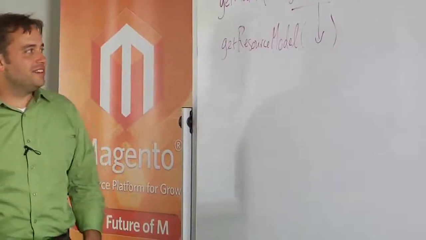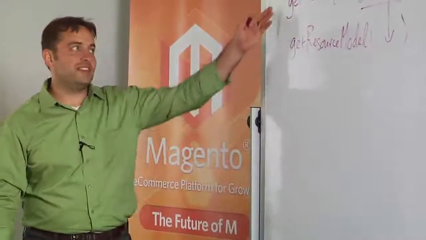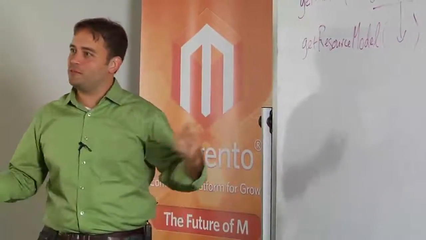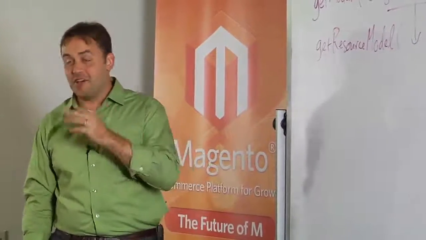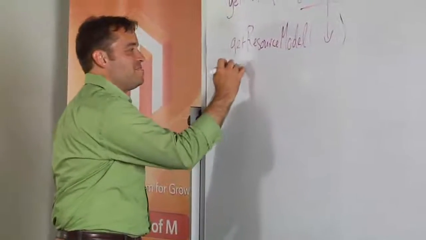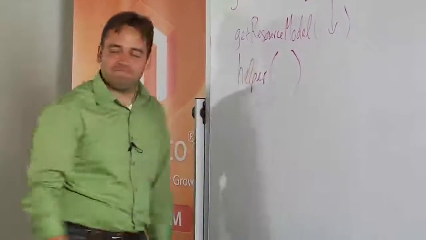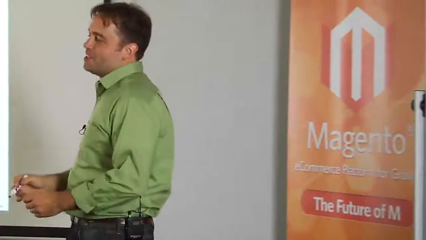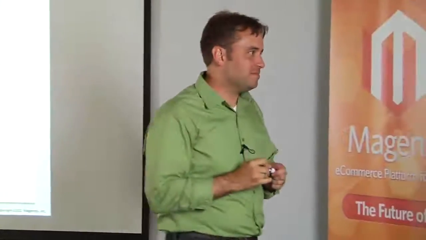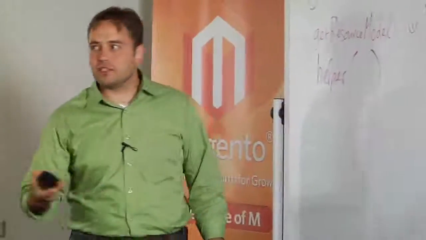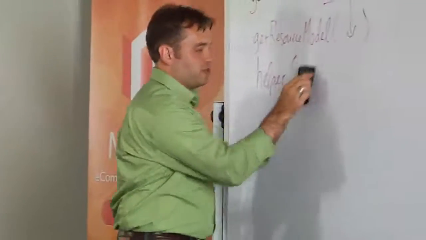And for helpers, of course, we have get model, get resource model. So how would we get a helper? No, it's Mage helper. Just helper. And a tricky thing with helpers, by the way, I'll go ahead and tell you this because it'll come up again.